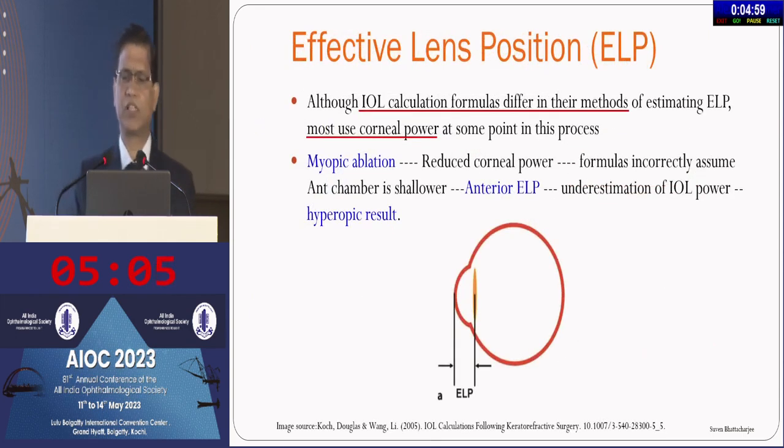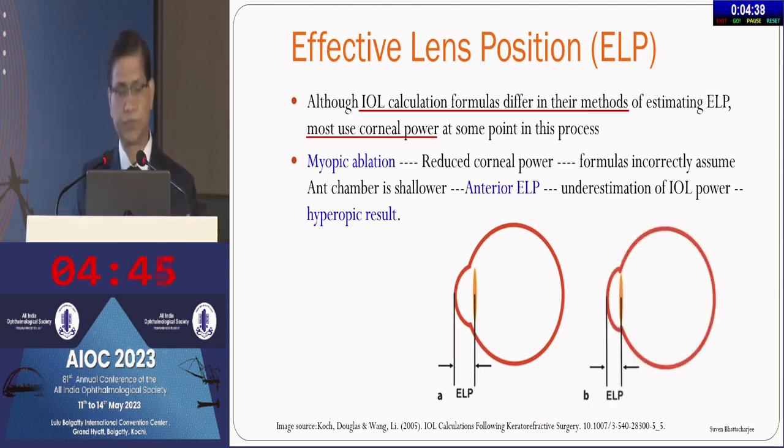So the effective lens position: although IOL calculation formulae differ in their methods of estimating it, at some point they use the measurements that we use. So in myopic ablation, there will be reduced corneal power, and the lens is incorrectly assumed to be in an anterior position. So there will be an underestimation of IOL power, and there will be a hyperopic shift.